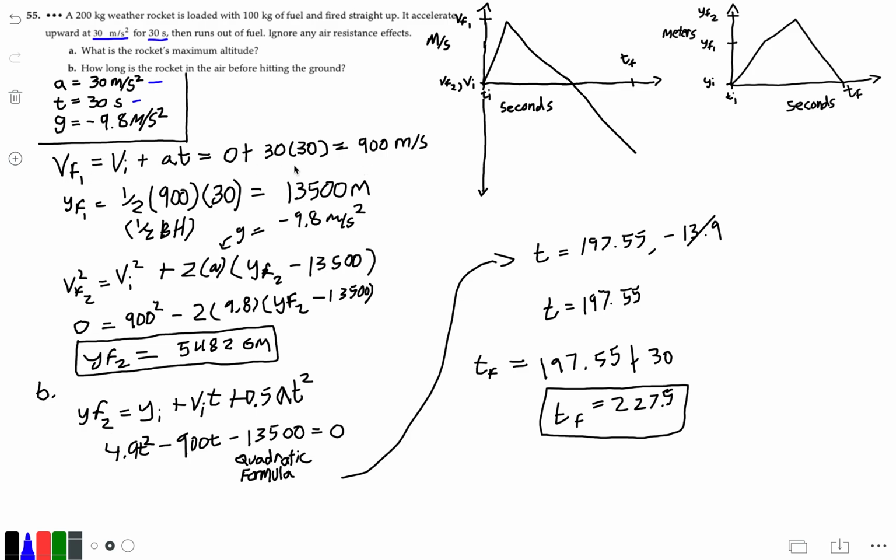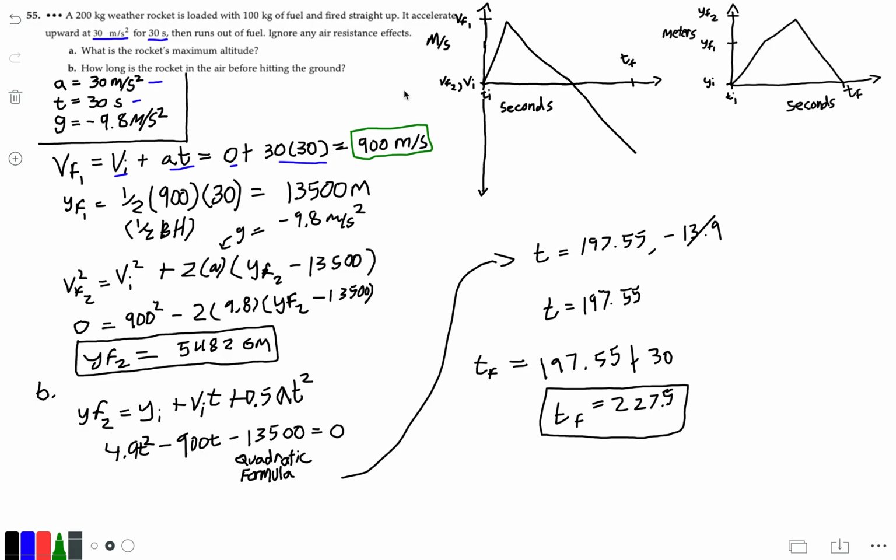Here you can see this equation. We are plugging in 0 and acceleration times time, and getting out this number for the final velocity as the rocket runs out of fuel.